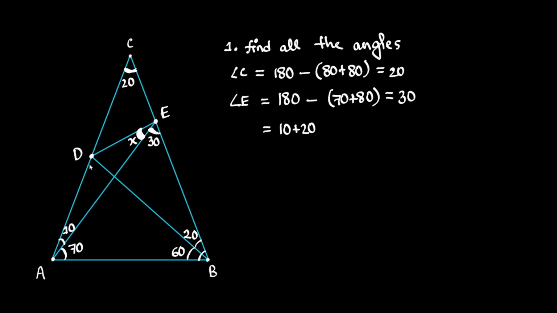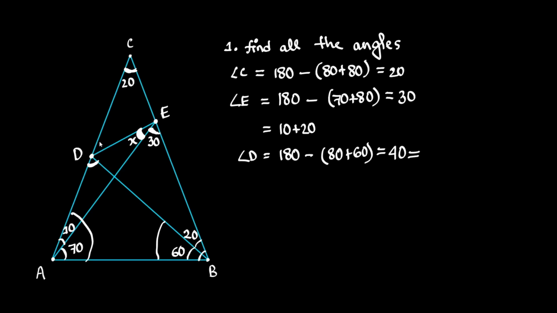What is the value of angle D here? Same 80, and this is 60 in this triangle ADB. So this is 180 minus (80 plus 60), which equals 40. We could have found 40 in another way.